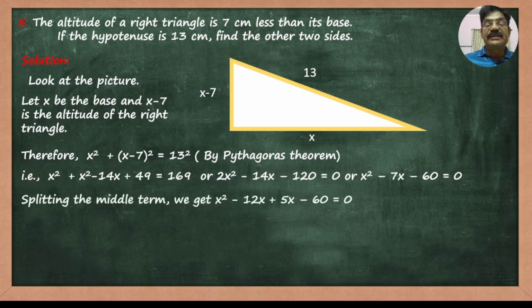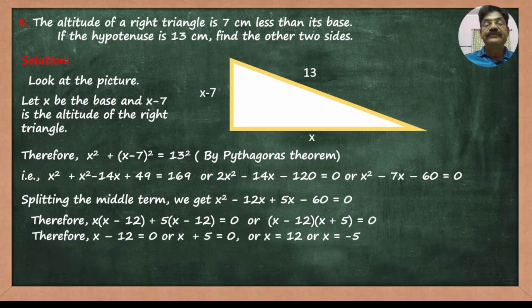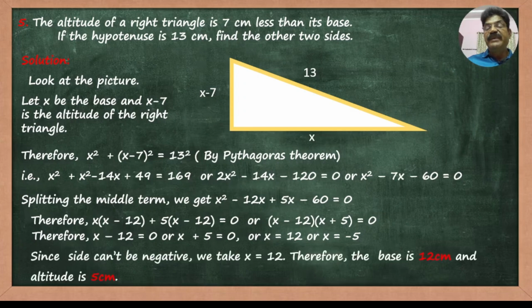Splitting the middle term as minus 12x plus 5x, I get x into (x minus 12) plus 5 into (x minus 12) is equal to 0, or (x minus 12) into (x plus 5) is equal to 0. Since x cannot be negative, we have to take x is equal to 12. So if the base is 12 centimeter, then automatically the altitude is 5 centimeter. Hence the problem is solved.